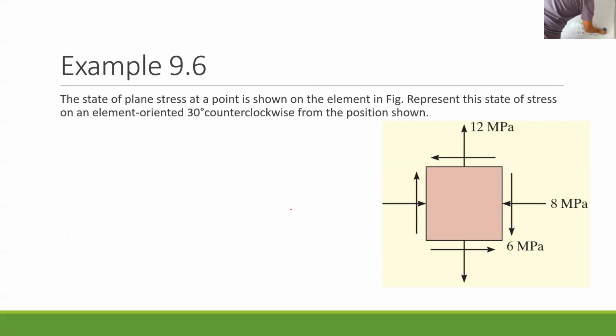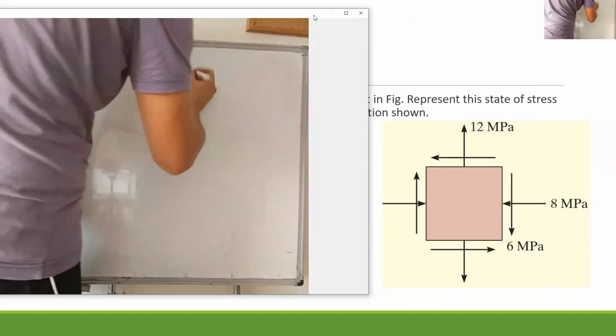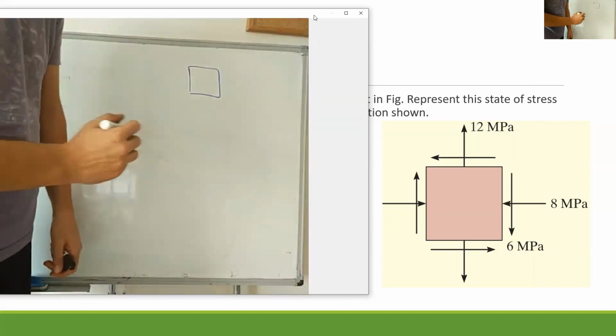Okay, let's start. The plane stress is given like this. I want to draw it. Okay, you can't see my whiteboard. First of all, I want to show my whiteboard like this. Okay, here, very well. In here, we have the small element.